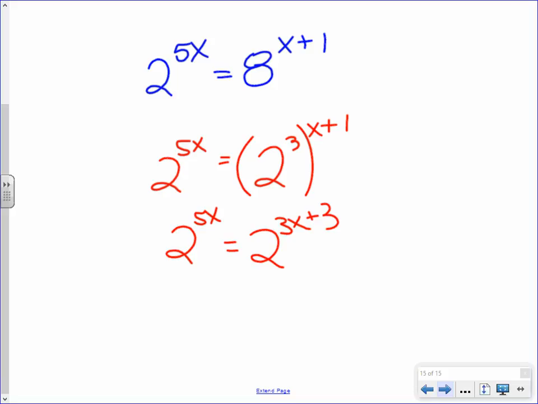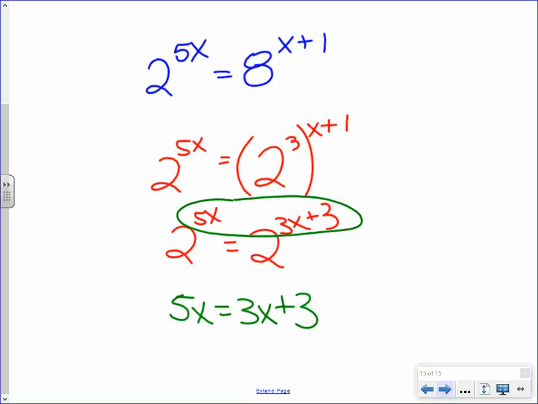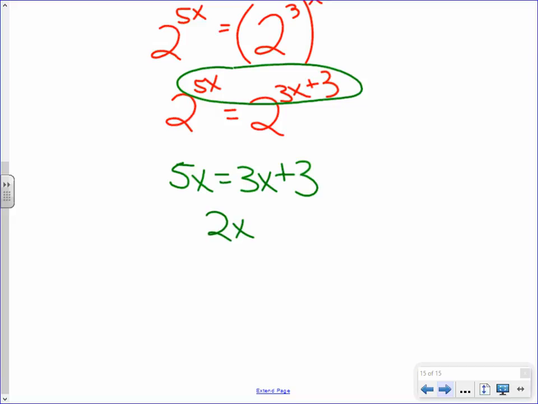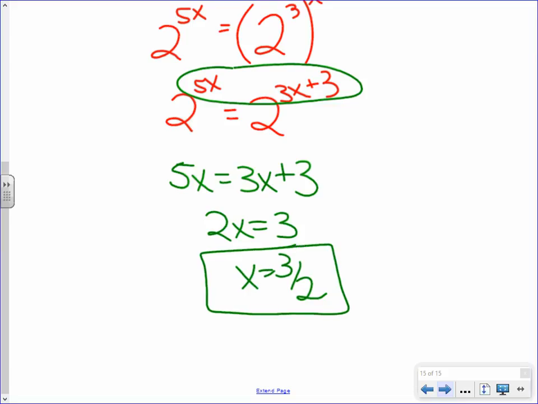Both are being raised to the exponent. So what should be true? 5x equals 3x plus 3. Or 2x equals 3. So x is 3 halves.